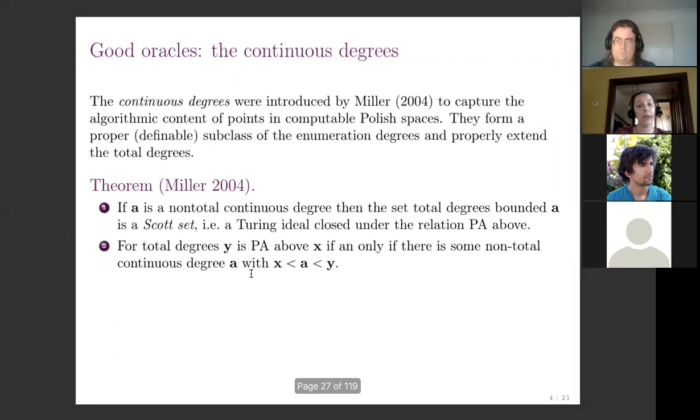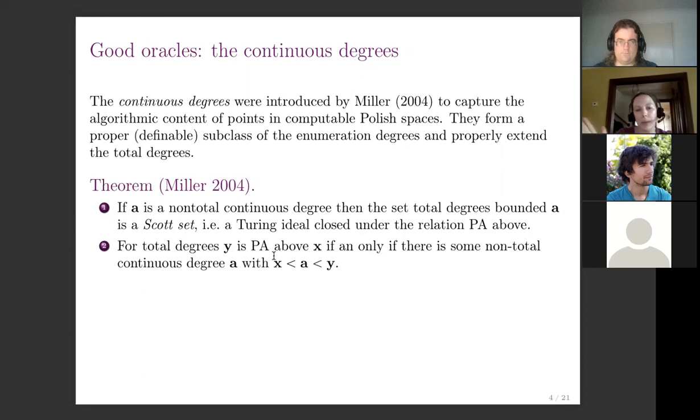Furthermore, for total degrees X and Y, we know that Y is PA above X if and only if some non-total continuous degree is between them. This allows us to prove that the image of the relation PA that we define, restricted to the total degrees, is actually a definable relation as well.